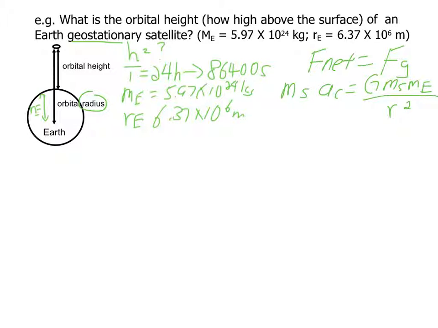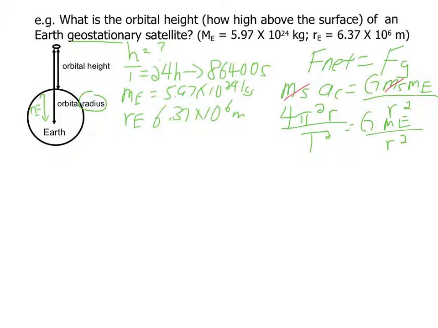So again, we notice the mass of the satellite gets cancelled out. And now we need to substitute a_c with one of our centripetal acceleration equations. We know that we're dealing with a period, so we're going to replace it with 4 pi squared r over T squared. And on this side, we have G, mass of the Earth, divided by r squared.